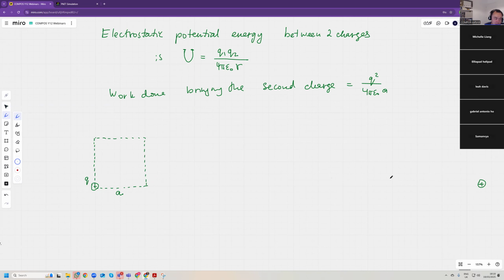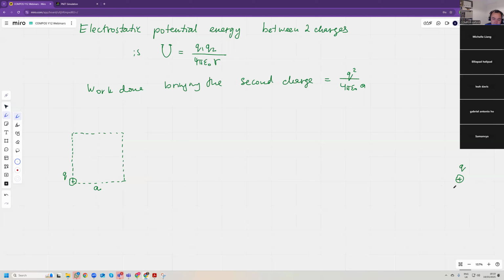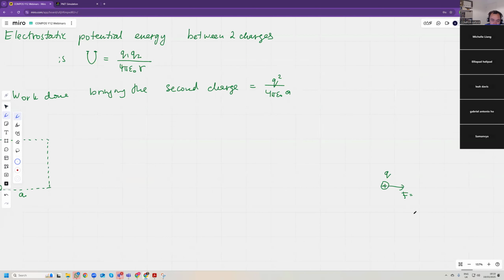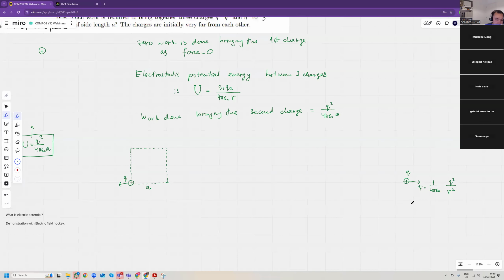So the charge on this charge is Q. The charge on this charge is Q. There's a force between them. And the force is equal to 1 over 4 pi epsilon naught Q squared divided by R squared, where R is the distance between them.